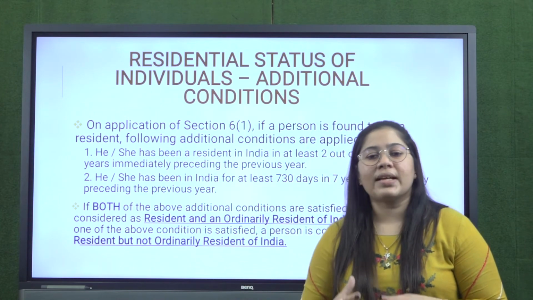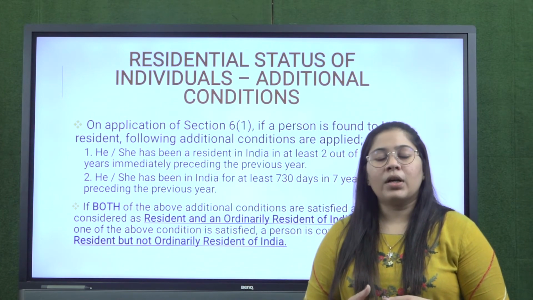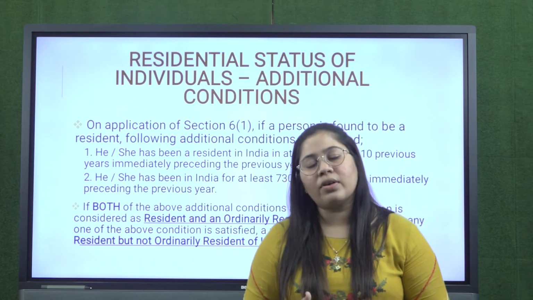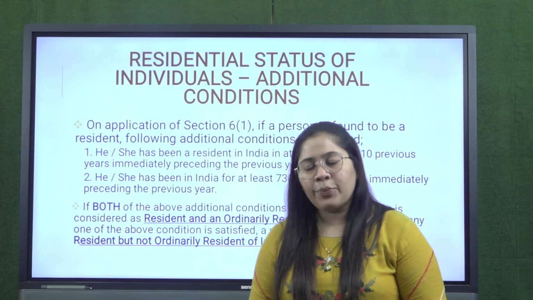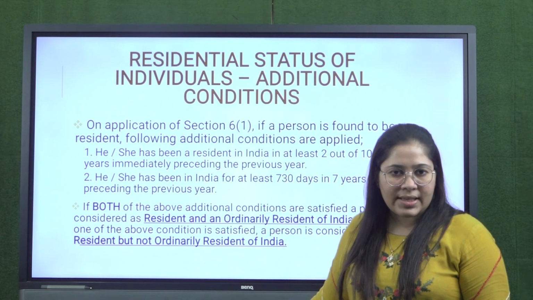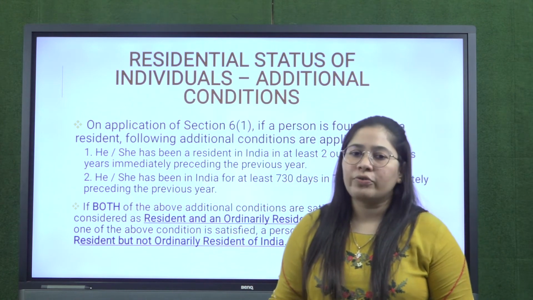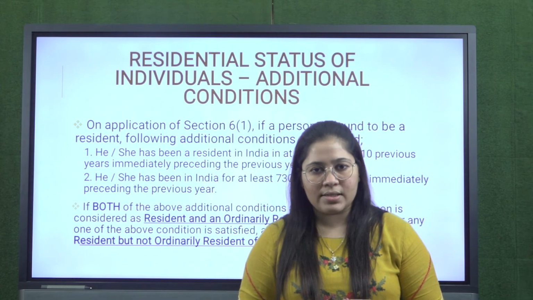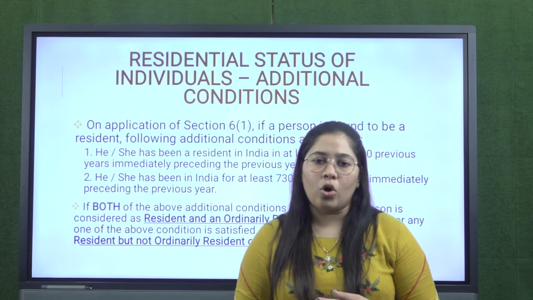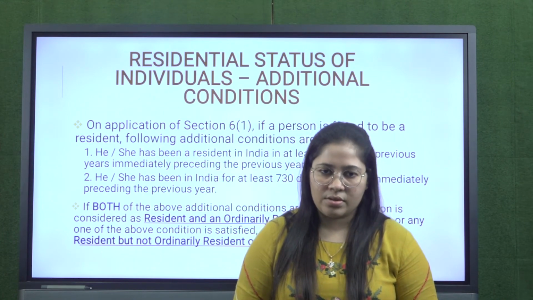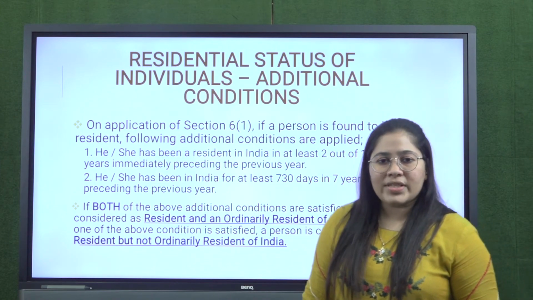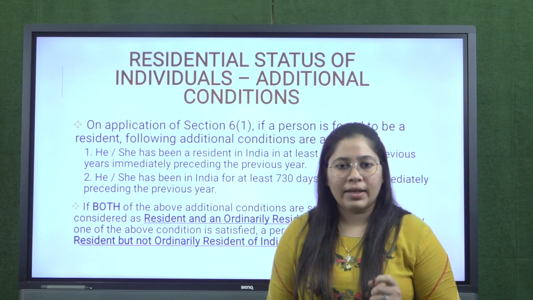If both these additional conditions are satisfied, a person will be considered as a resident and an ordinarily resident in India. If any one of the additional conditions is satisfied, or if none of the additional conditions are satisfied, then a person will be considered as a resident but not ordinarily resident. So this is how we are going to determine the residential status of an individual.